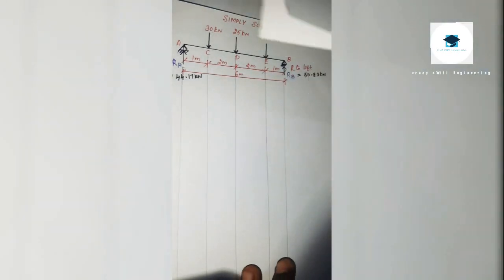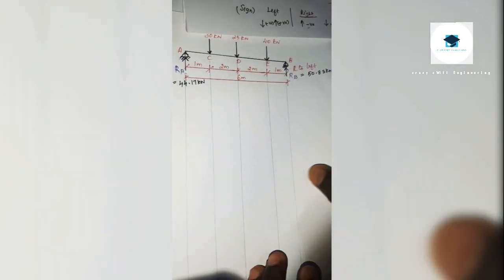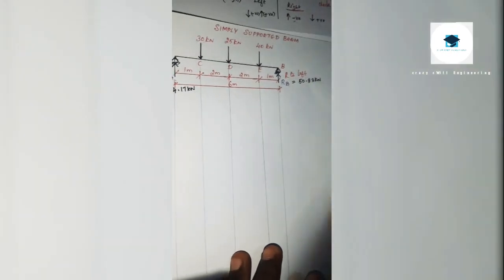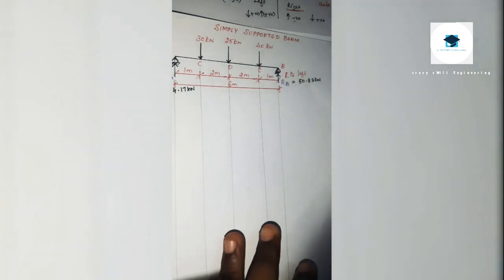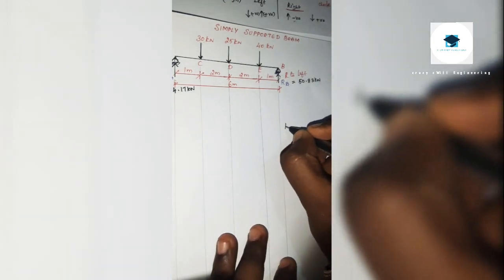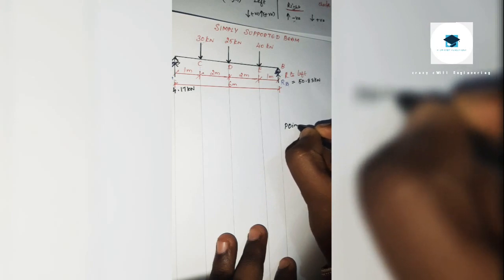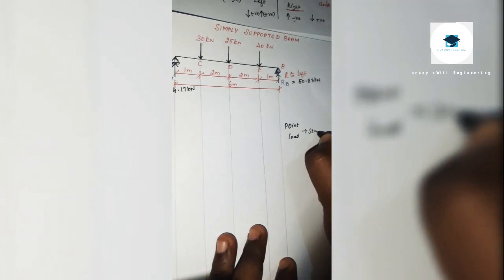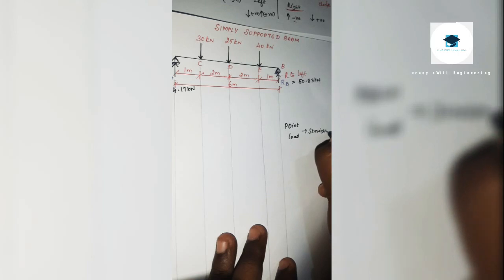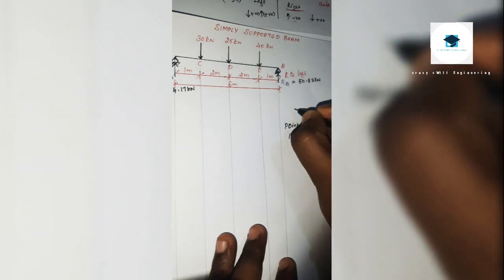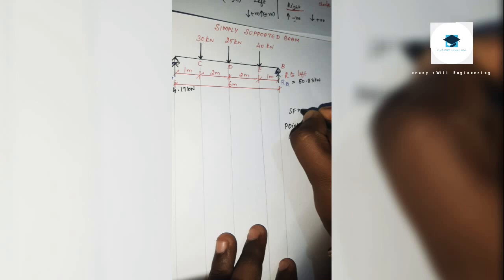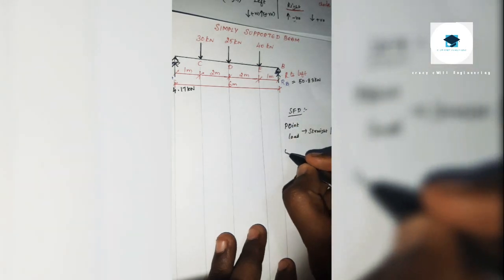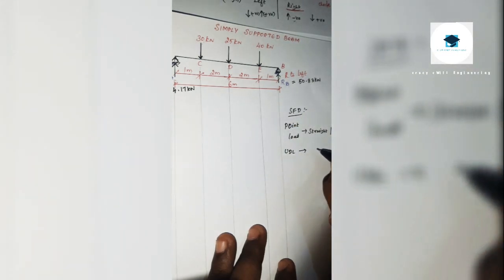Okay, now going to draw the shear force diagram. Before drawing the diagram, we have to consider: for a point load, the line becomes straight, vertical. For a UDL, the line becomes inclined.